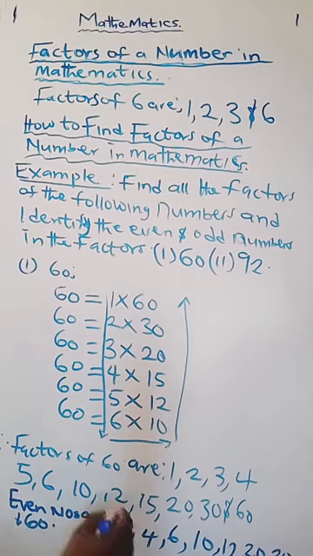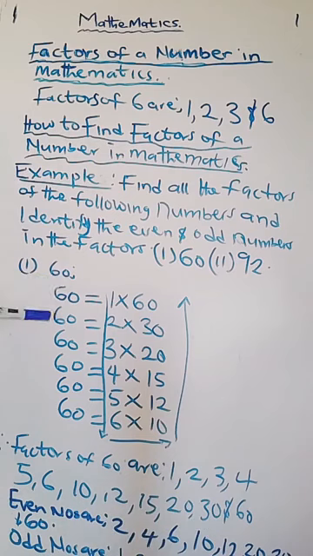All these are even numbers we have in these factors. So odd numbers there are 1, 3, 5, 15. Those are the odd numbers we have in these factors. So this is how to find factors of a number in a very simple way.